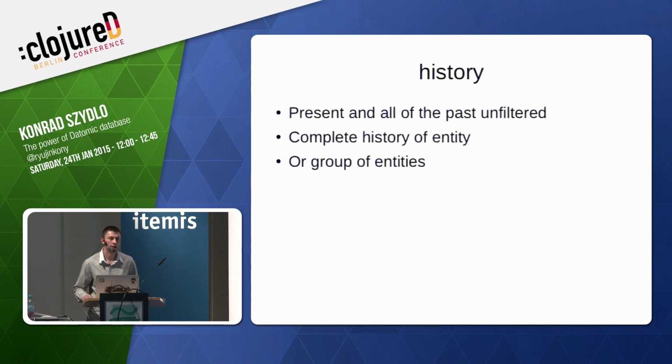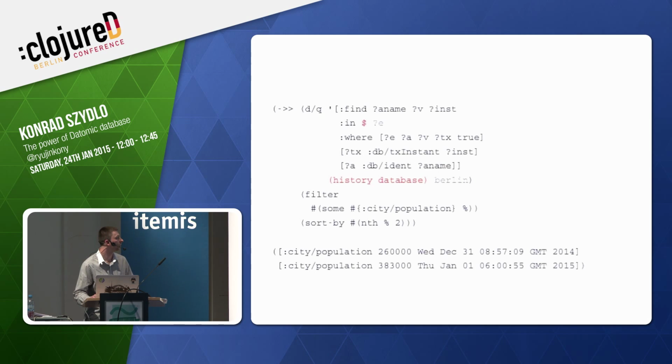Okay, so in previous examples, we looked at the database at a certain point in time, but with history, we can get the history of datums or a group of datums. So if we were adding the population of Berlin from medieval ages to now, and we want to track this progress, we would use history to answer such questions. In this code snippet, I'm calling the history method, passing the database.